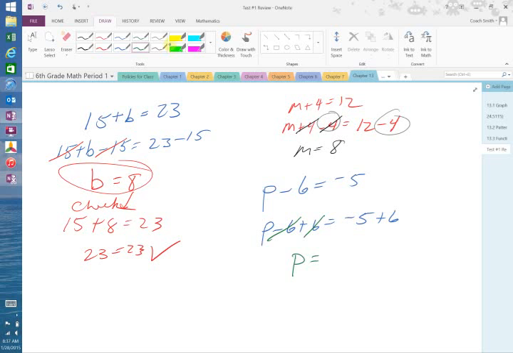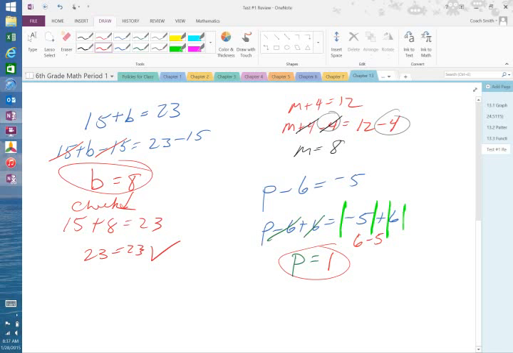Remember, we have a positive and a negative, so we take their absolute values and subtract them. 6 minus 5 is 1. It is a positive 1 because the larger absolute value is positive 6.